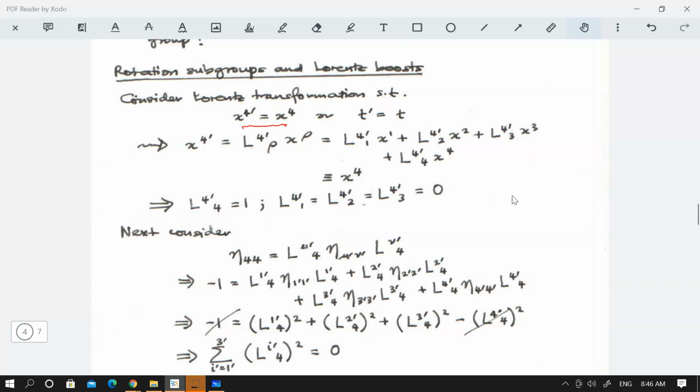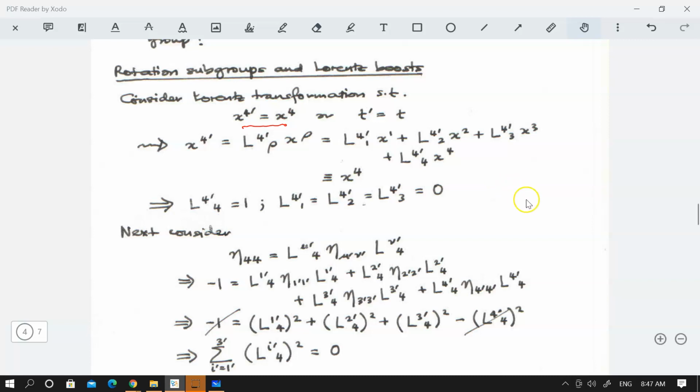So the coefficients of x1, x2, x3 have to be equal to 0, and the coefficient of x4 has to be equal to 1 in order for me to get x4. So in this particular case, L4-4 equals 1, and the ones with a different index from the one on top will all be 0.